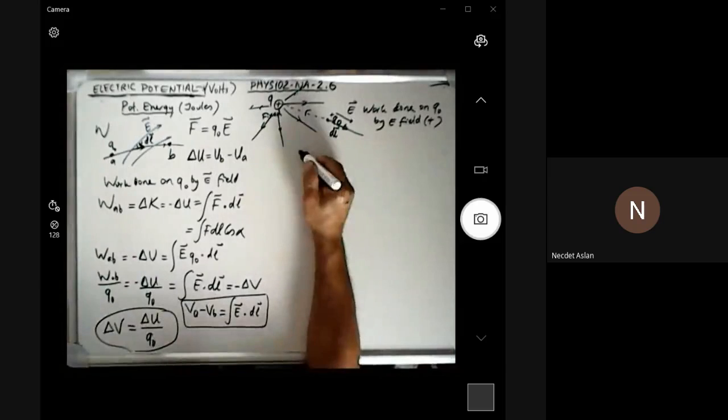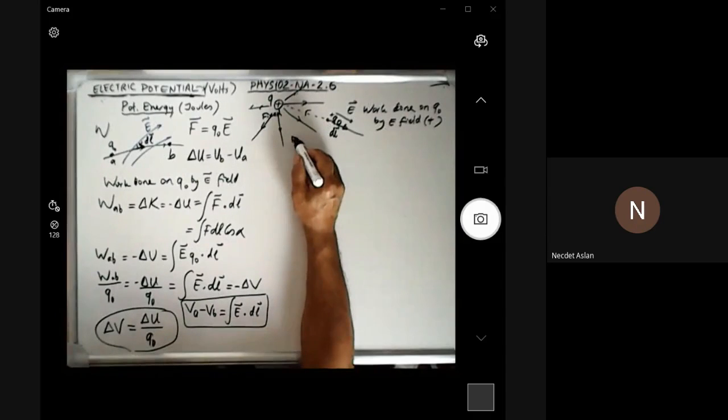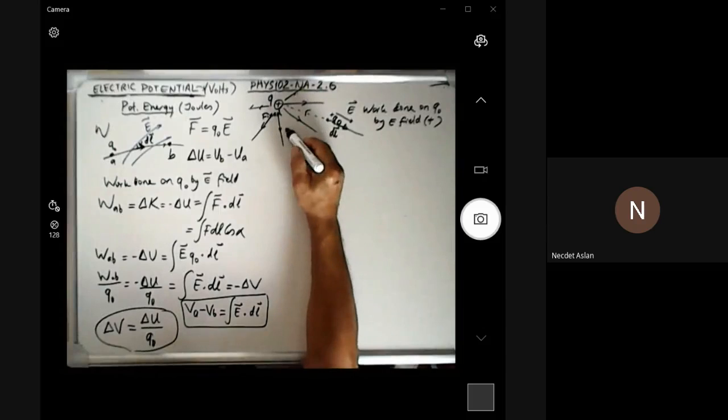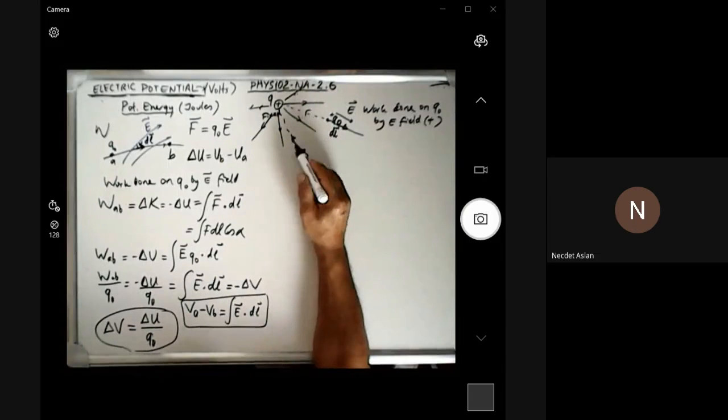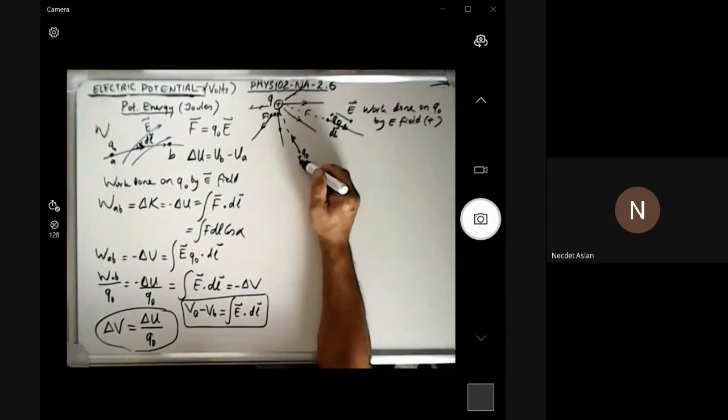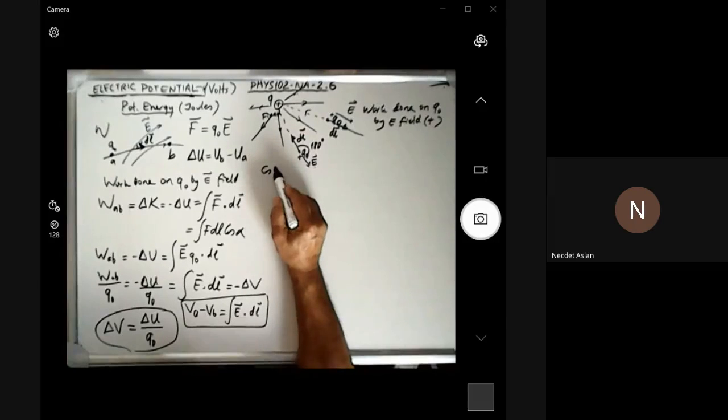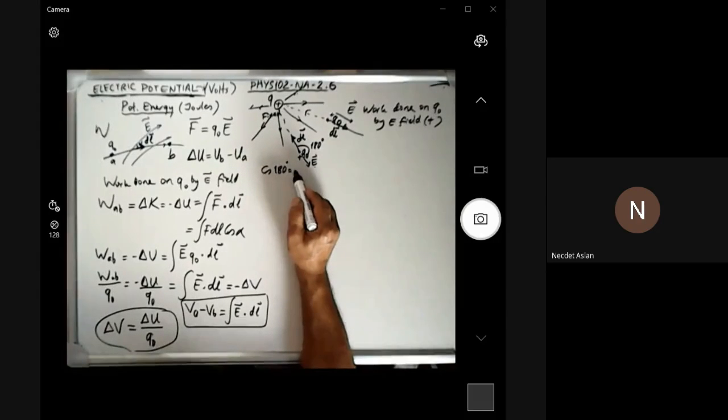But if you have another charge and you push it this way, which is not easy, because plus pushes plus, then although the electric field is in this direction, dl is in the opposite direction, so there is 180 degrees, and cosine of 180 degrees gives you -1.